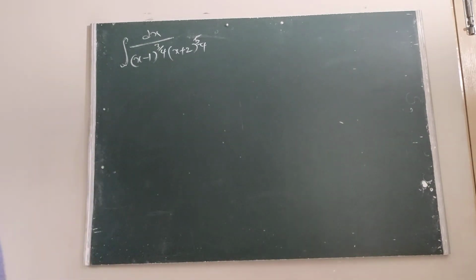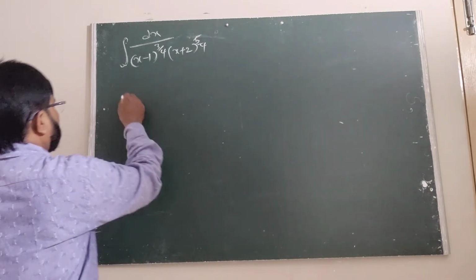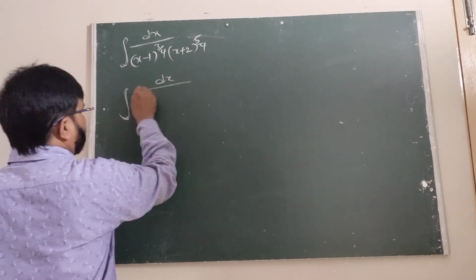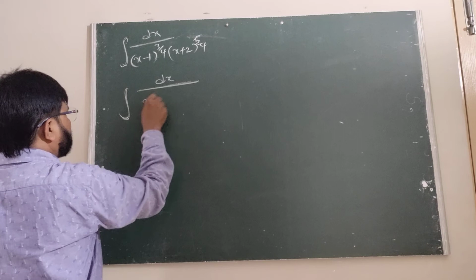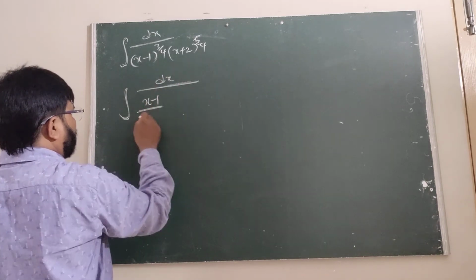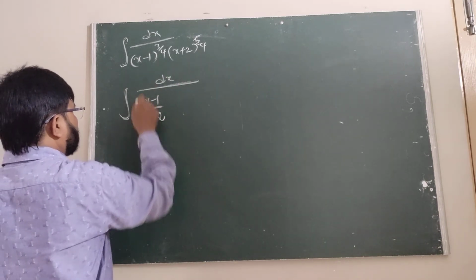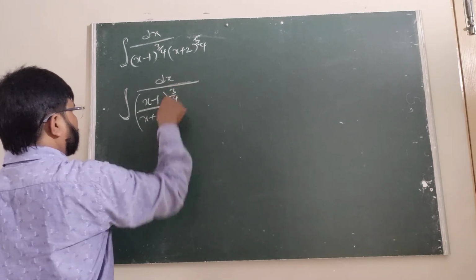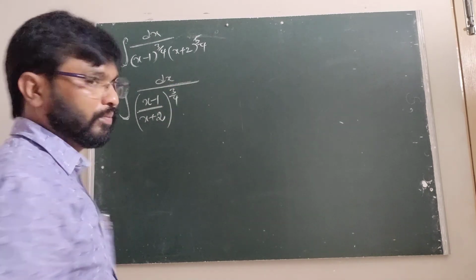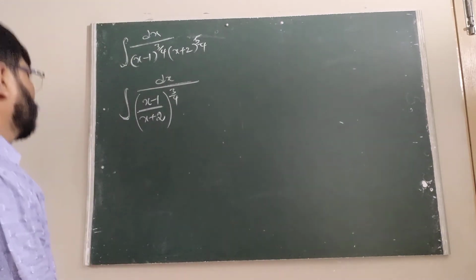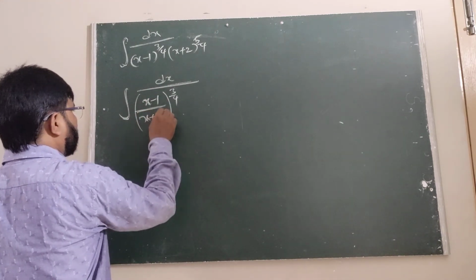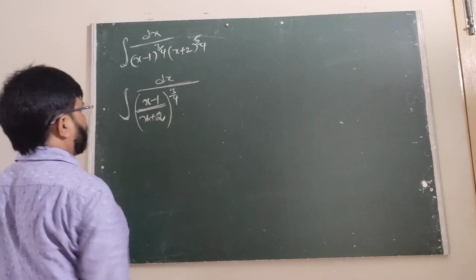Therefore, in this case we are taking integral dx upon (x minus 1 upon x plus 2) whole power 3 by 4. Is it clear? x minus 1 upon x plus 2, whole power 3 by 4.